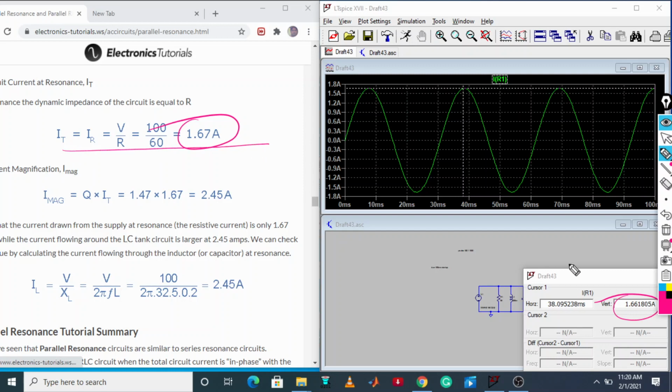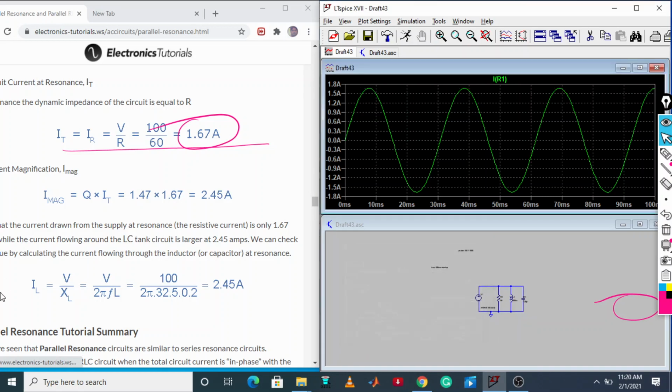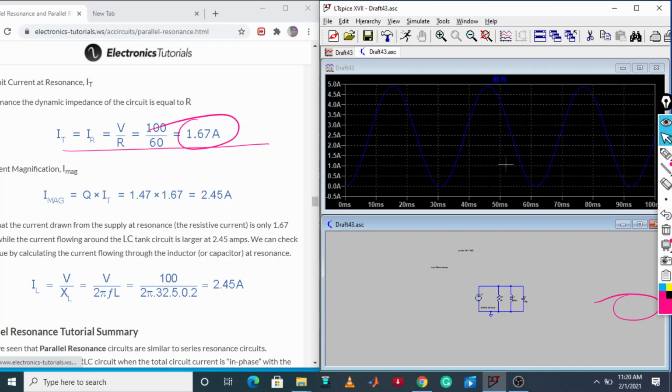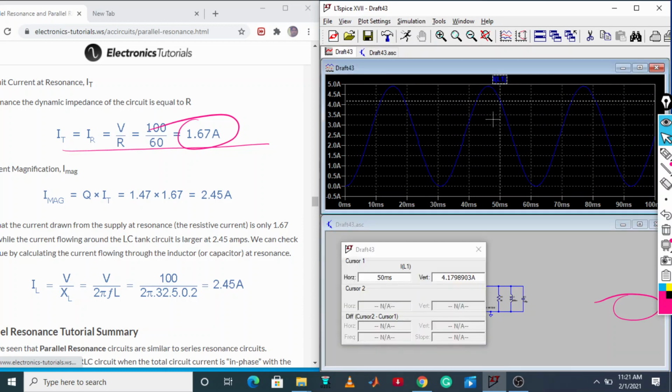Now if I want to check the inductance value, which is around 2.45, this is your IL. Now let us calculate that IL. If I move this cursor, it is 4.89. Now if you see, it is starting from 0.